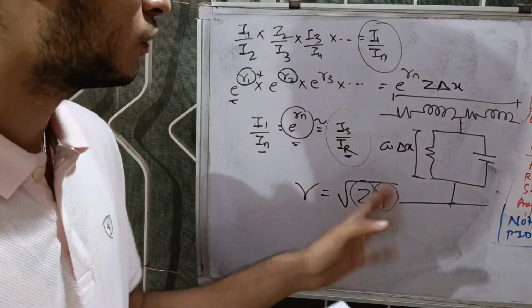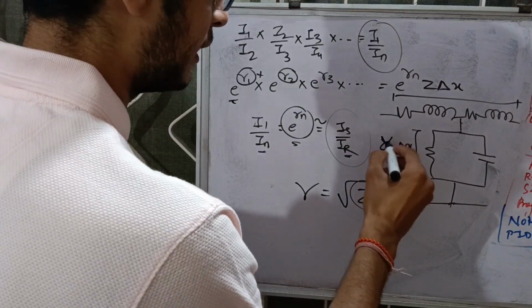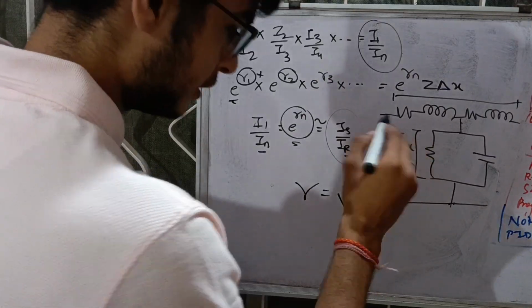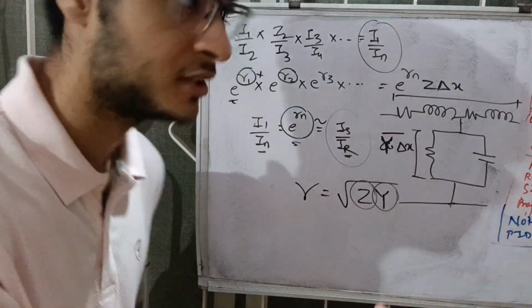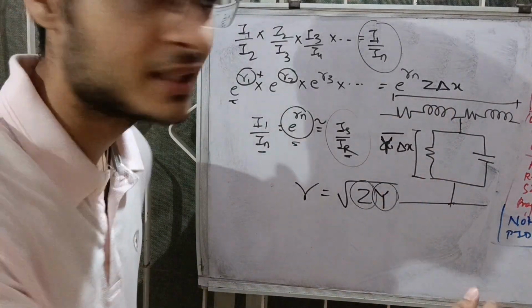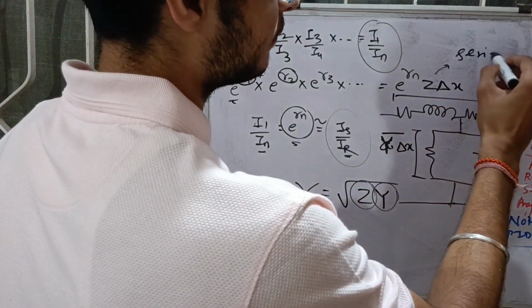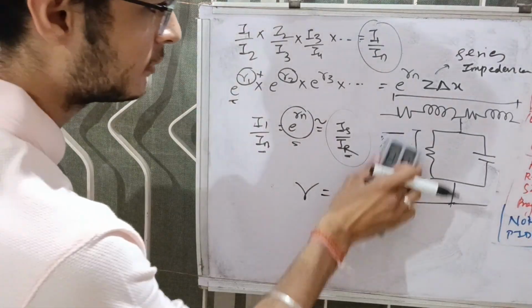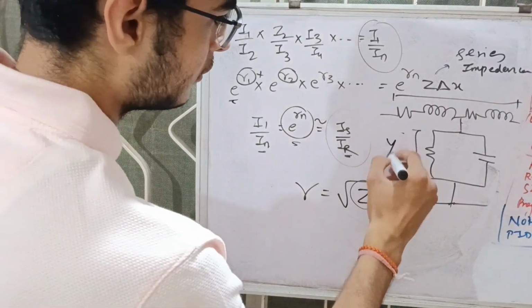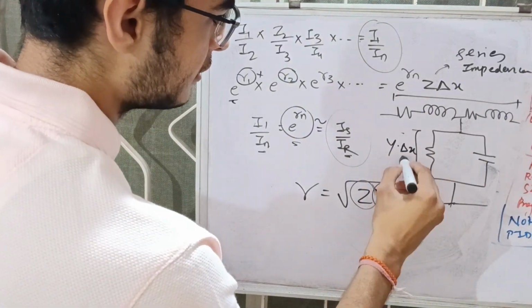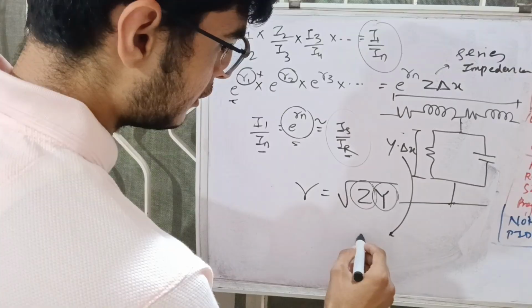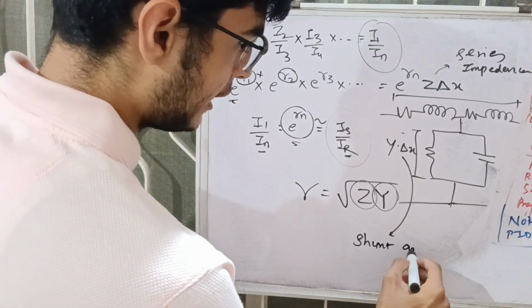Okay, this is also y. We can also write it as y delta x. But this is actually shunt admittance, but this is impedance. This is series impedance. And this part, y delta x, is actually shunt admittance.